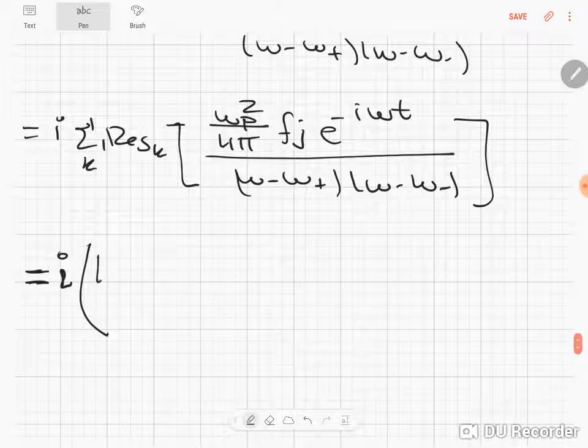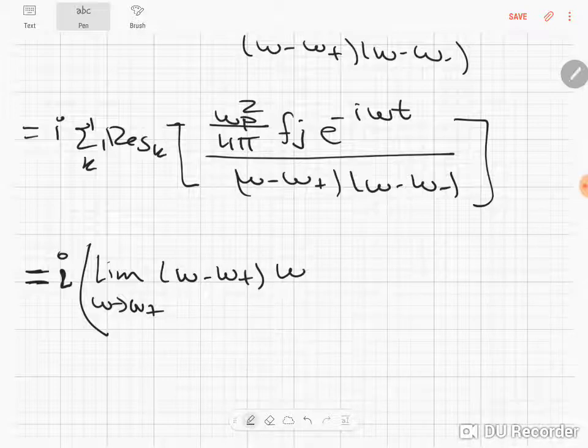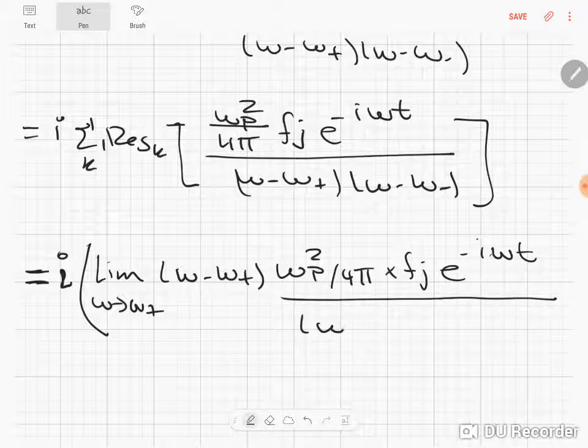So the first residue is the limit as omega tends to omega plus of omega minus omega plus, omega p squared divided by 4 pi all times f sub j times e to the minus i omega t, divided by omega minus omega plus times omega minus omega minus.